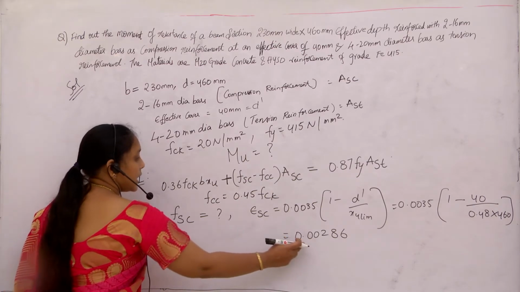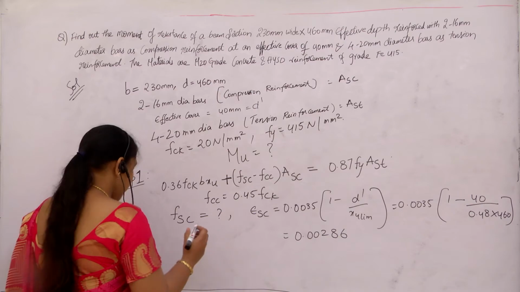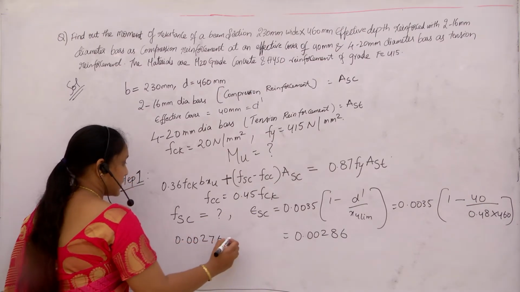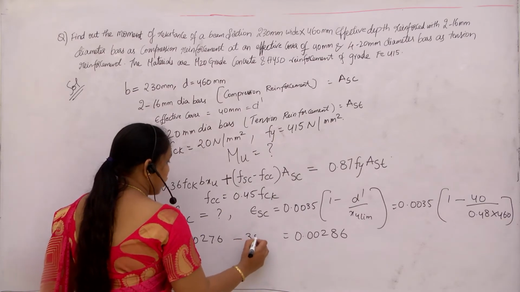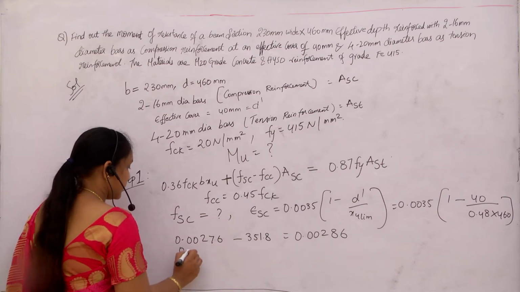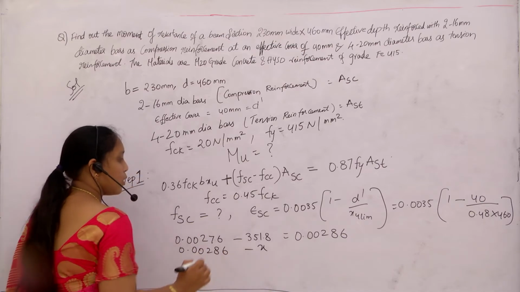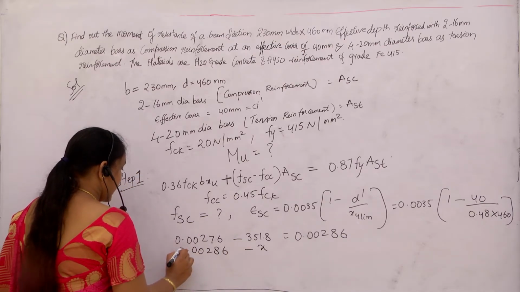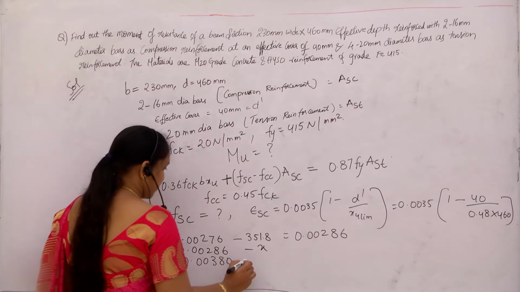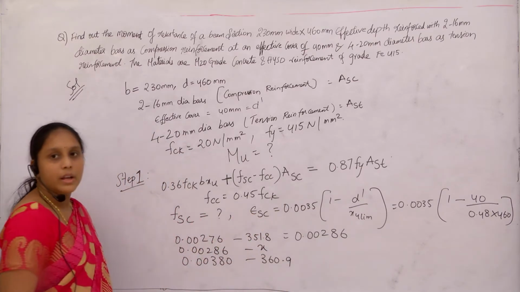This particular strain value of 0.00286 lies in between 0.00276, which has an fsc value of 351.8 Newton per mm square, and this is the unknown we have to find out, and it lies between 0.00380, where the fsc value is 360.9 Newton per mm square.